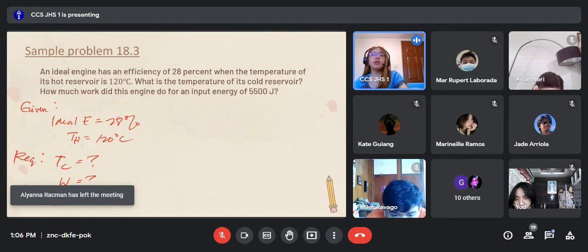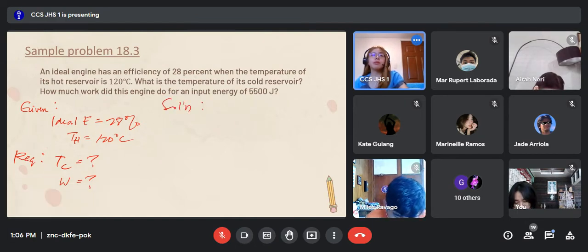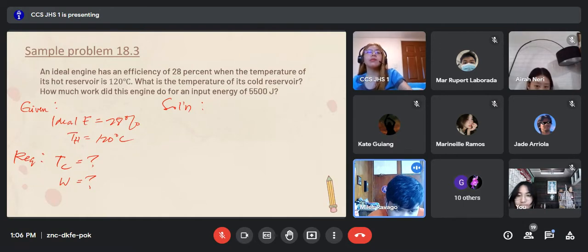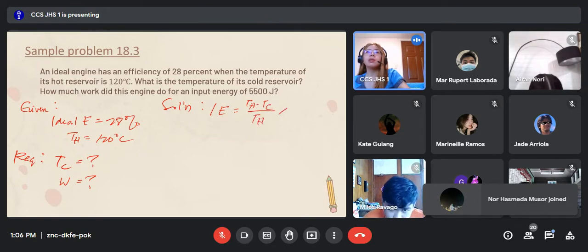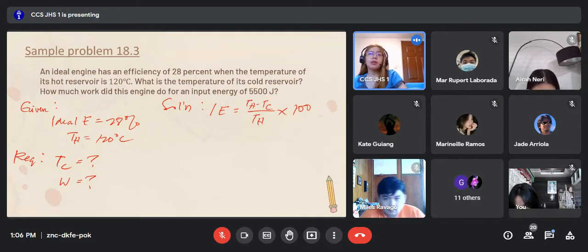Okay. So let's solve using what formula? Ideal efficiency equals TH minus TC divided by TH times 100. TC is still unknown.